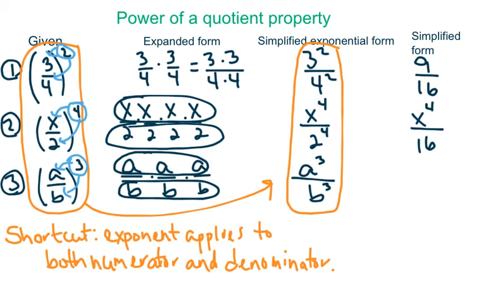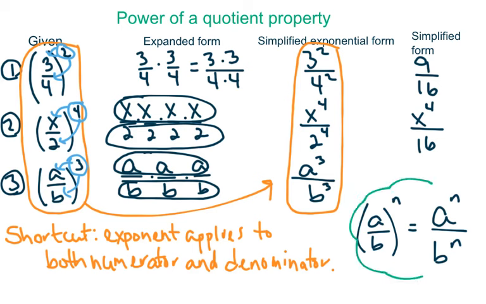So we are ready for the property, and the property says if you have a over b raised to the nth power, it becomes a to the nth power over b to the nth power. That is the power of a quotient property.